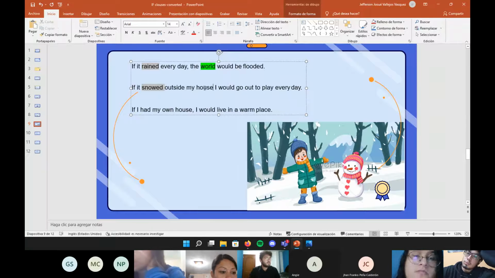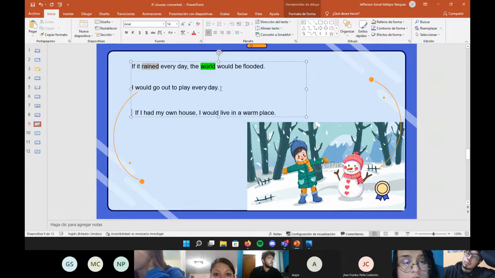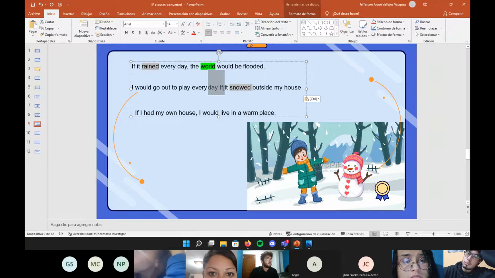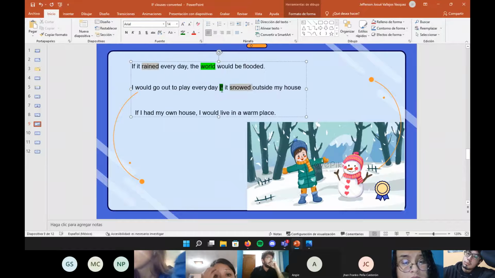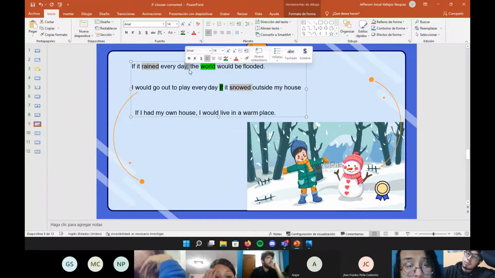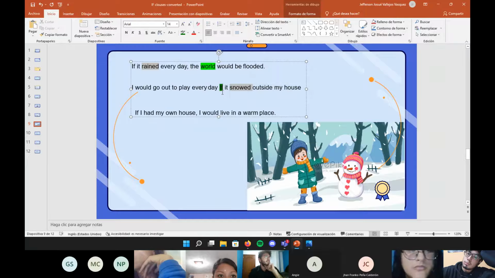If you want, you can change this part; the order does not affect the sentence. For example, we can put the if in the middle of the sentence, in any conditional. Don't forget that. We only eliminate the comma if we have if in the middle.